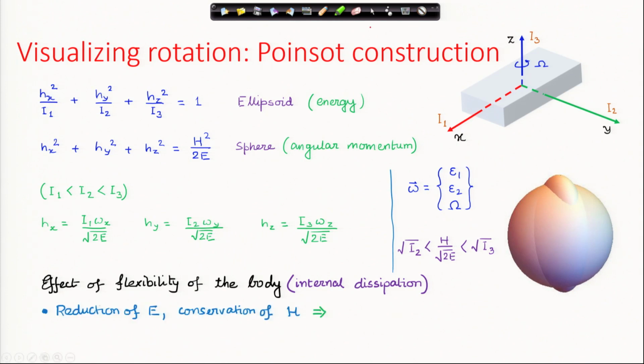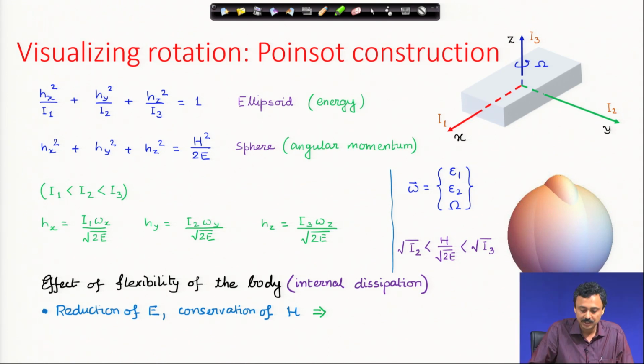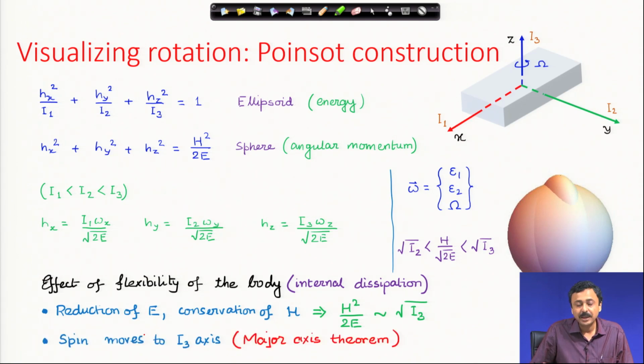This is a reduction of energy, but conservation of H. H is conserved because there is no external torque or force. Therefore, angular momentum will be conserved, but energy is going to reduce, and therefore, this radius is going to finally tend to root I3. It will go very close to root I3. This is known as the major axis theorem.